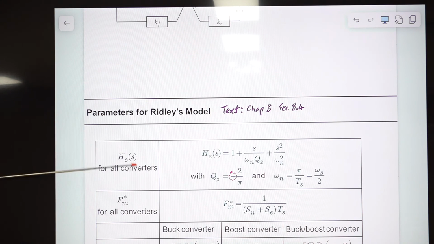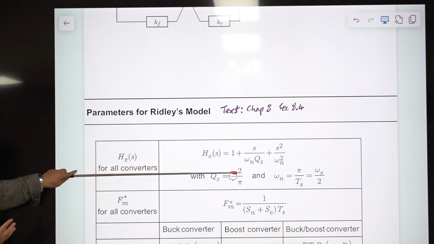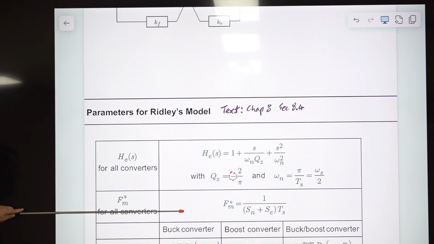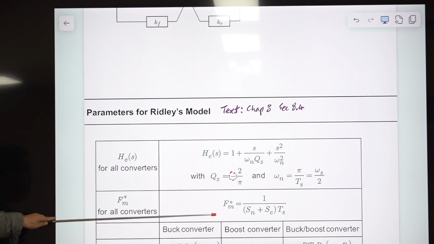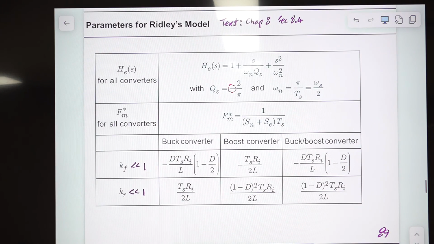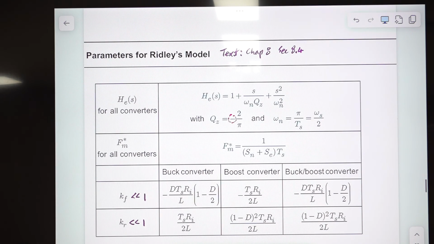This H_e(s) expression is common to all PWM converters, but K_F and K_R, the gain from the input voltage and the gain from the output voltage, which are much smaller than unity, are different for the buck converter, boost converter, and buck-boost converter.